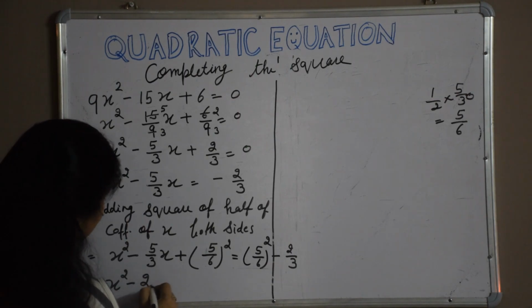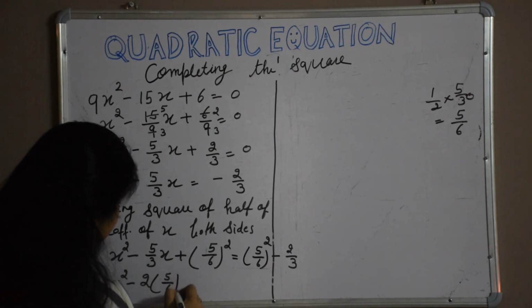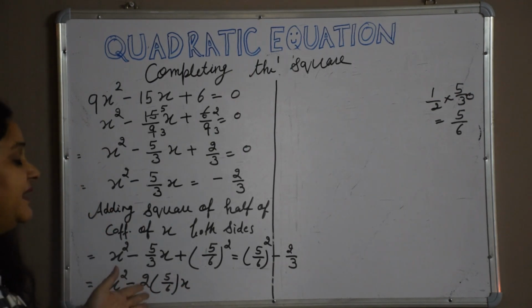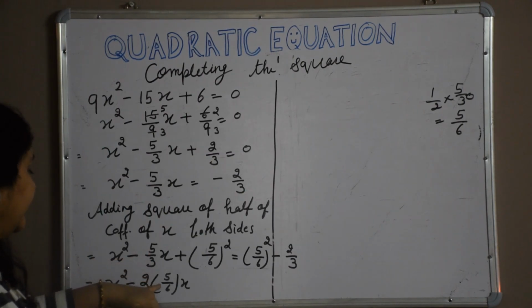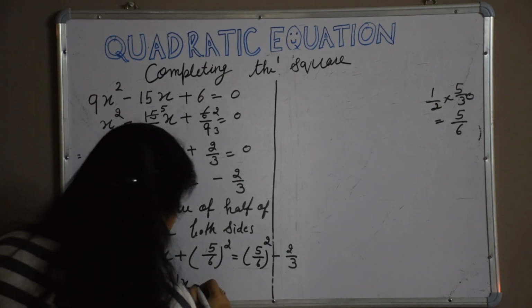and we can write x square minus 2 into 5 by 6 x, because we want to make it a minus b whole square, so we are converting it into 2 into a into b.